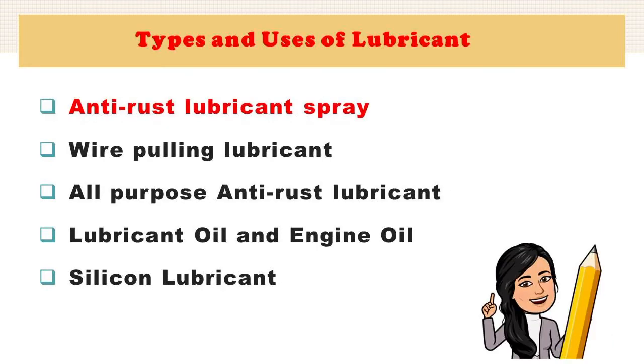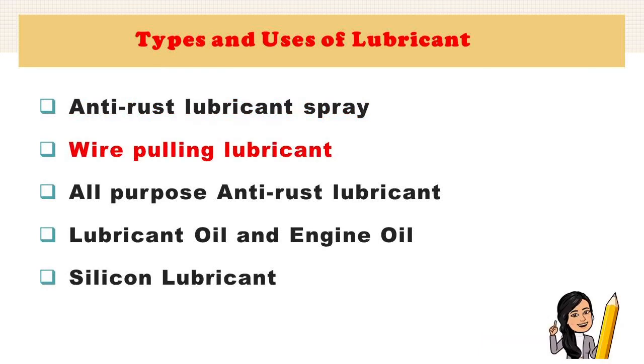Types and uses of lubricants. Anti-rust lubricant spray loosens rusted parts, cleans and protects. Wire pulling lubricant does not damage insulation or cling to wire and dries to a slippery film. It is suitable to use with wire or cable covered with rubber.